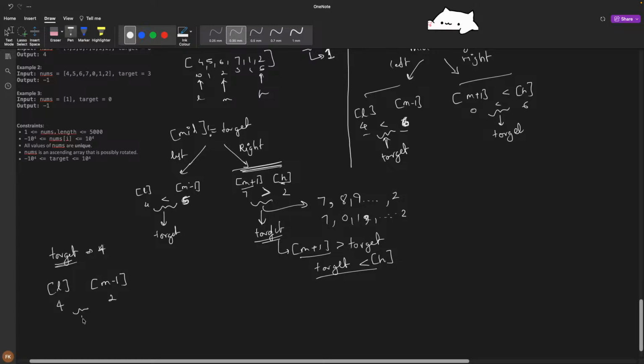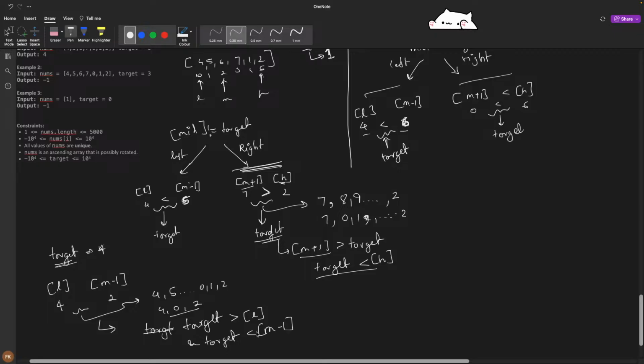So in this case, the elements could be 4, 5, 0, 1, 2, or it could be 4, 0, 2, like that anyhow. So in this case, our target is greater than L here and target is less than m minus 1 here, then we choose this.